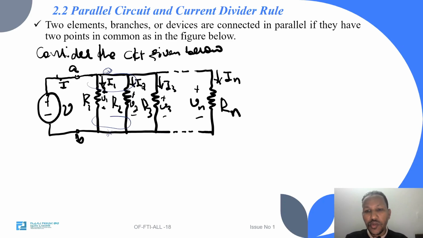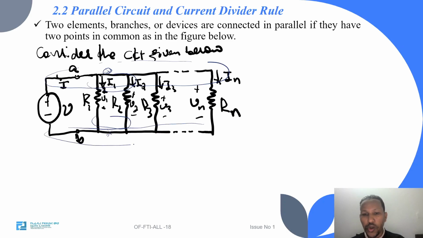As you can see, the voltage source, R1, R2, R3 up to Rn share 2 points in common. One terminal of V1, R1, R2, R3, as well as Rn will be connected at this point, and the other terminal of V1, I mean the source voltage, R1, R2, R3, and Rn will be connected at this point.